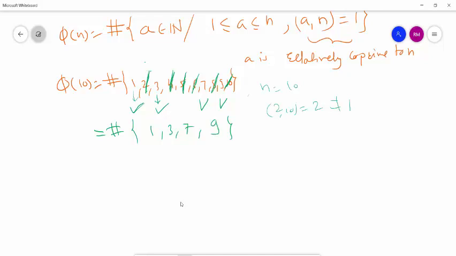So this set has cardinality 4. So phi of 10 is 4.